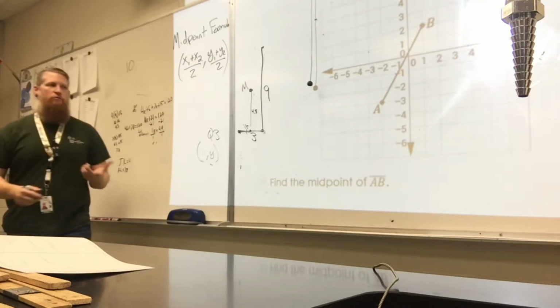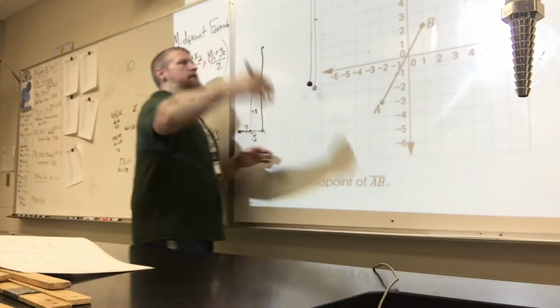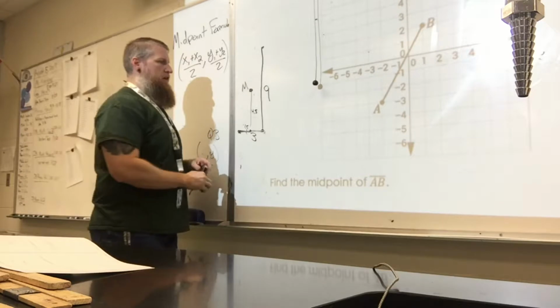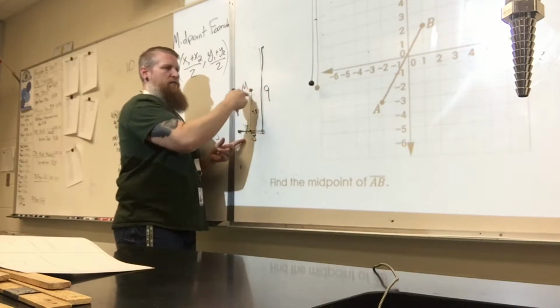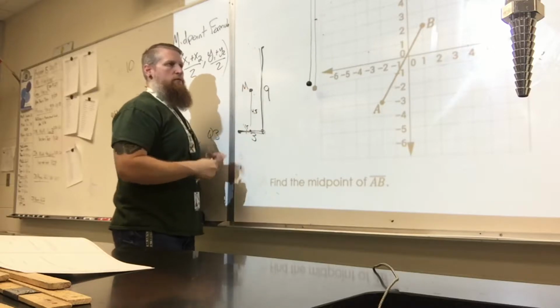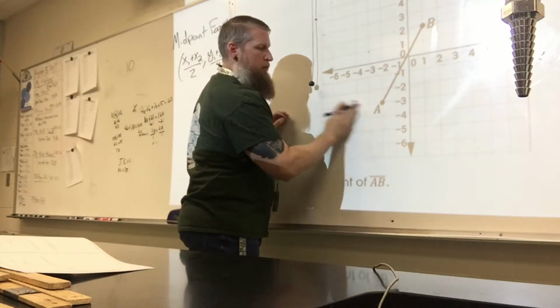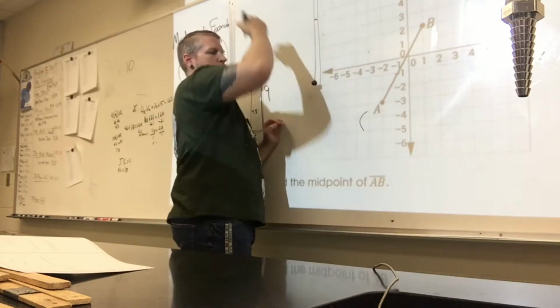So you have to make sure that you write out your coordinates first for each point, then plug them into the formula. If it's graphed out for you, you know it's there. You can do the thing where you draw the two distances and cut those in half and create a new triangle, if for some reason you like that, but I would assume most people are going to pull the coordinates out and throw them in that formula.